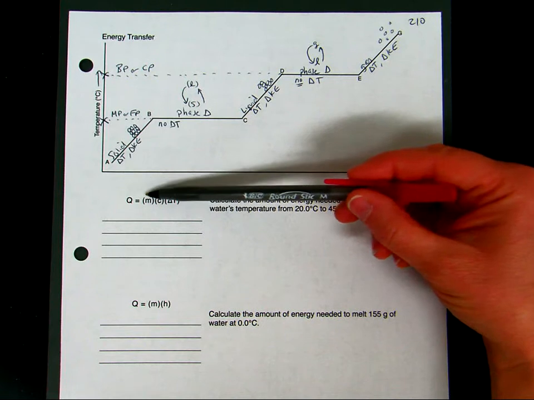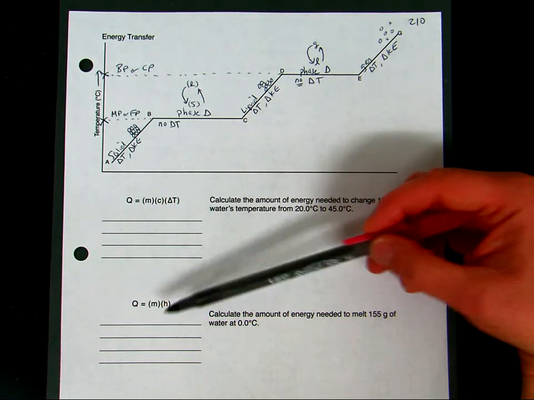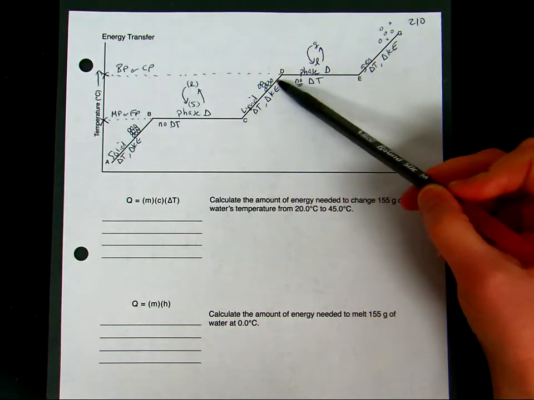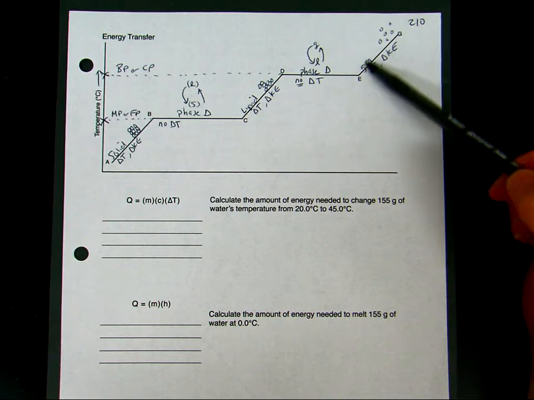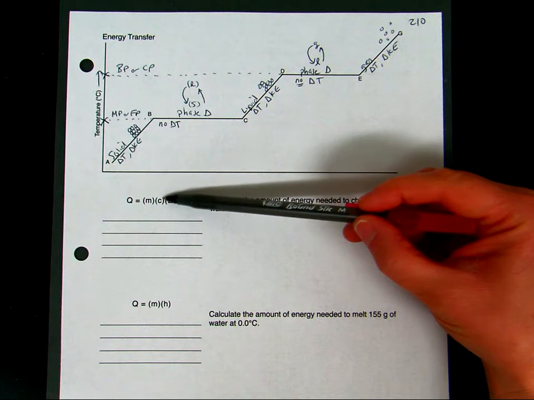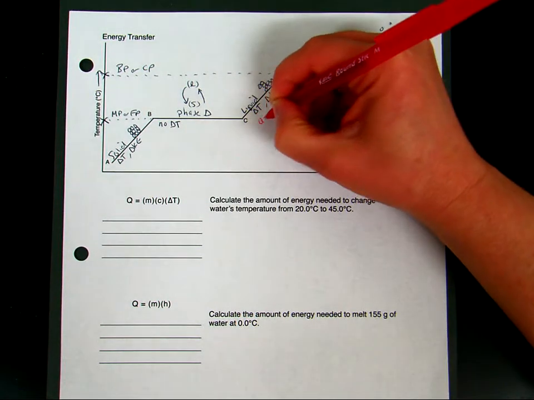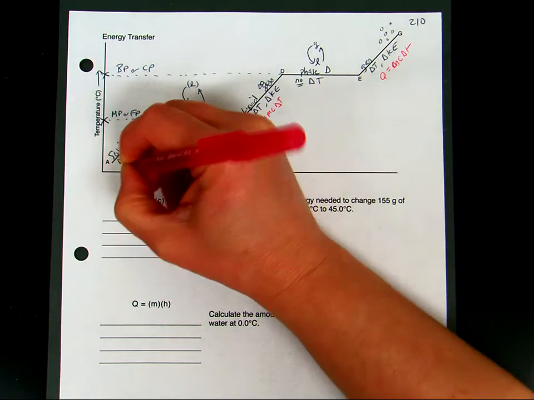So Q equals MC delta T versus Q equals M times H. Since segments AB, CD, and EG have a delta T, a change in the temperature, it should make sense that if we're calculating Q, we should be using MC delta T. So I'm going to write that carefully here. Q equals MC delta T, MC delta T, and then once again here.